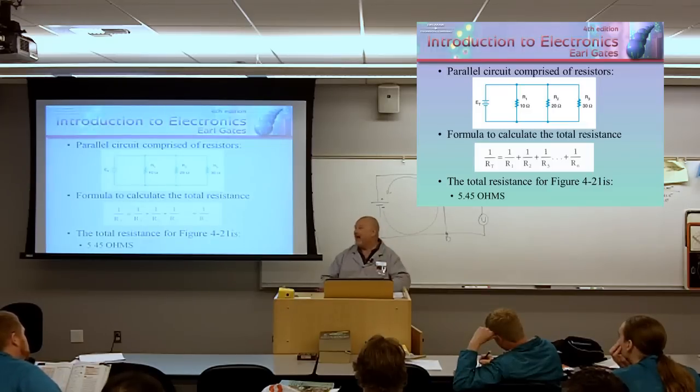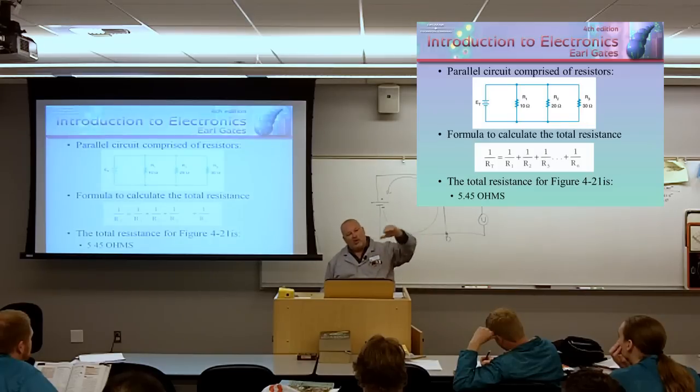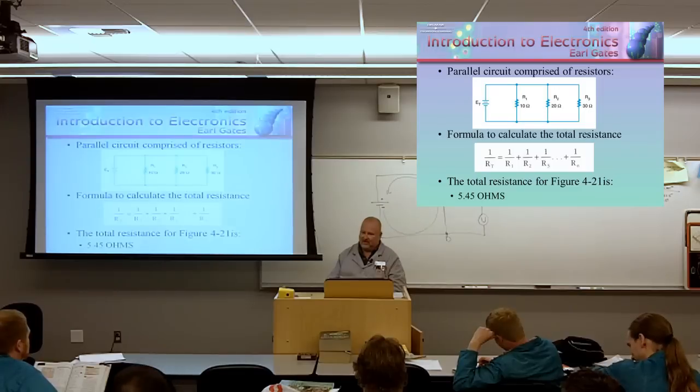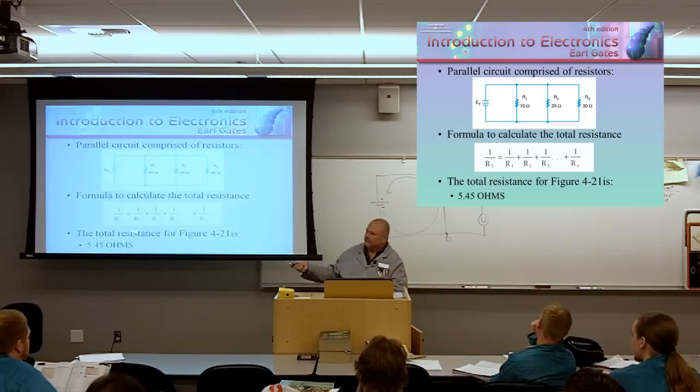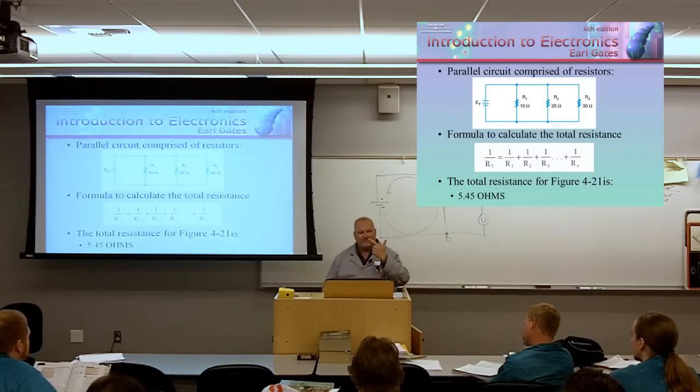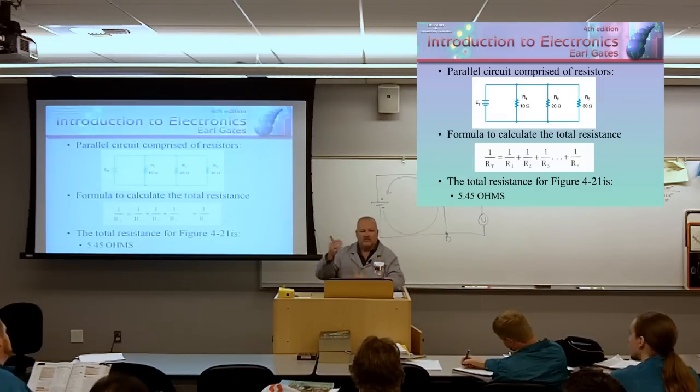So that's how we can add resistances on this circuit, yet lower the overall resistance of the total circuit. And that's why we have to use this formula. We're actually adding up the conductivity. We end up with the total conductivity for the circuit, take the reciprocal of that, that gives us the total resistance for the circuit. Make sense?